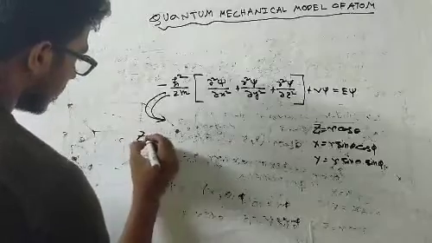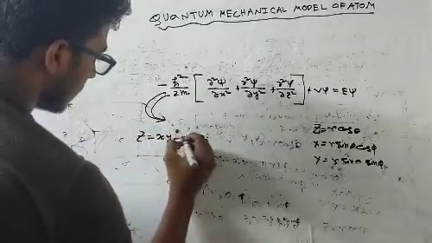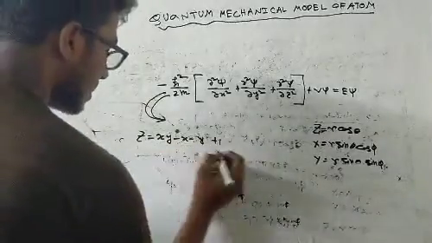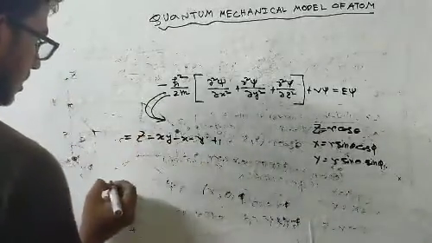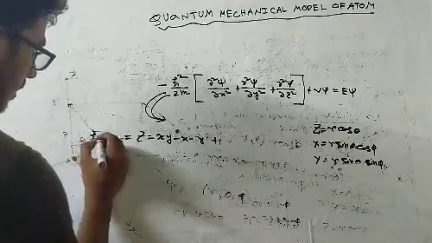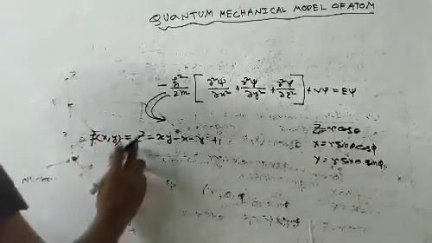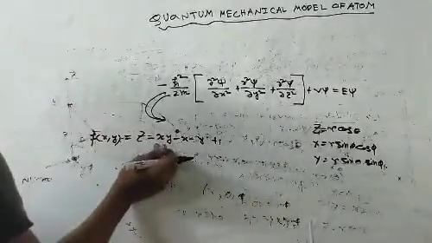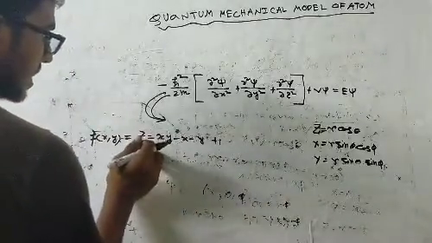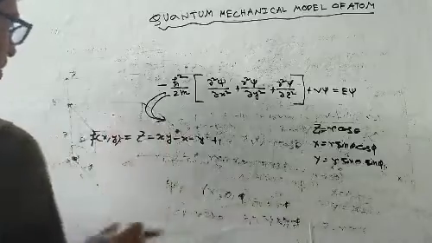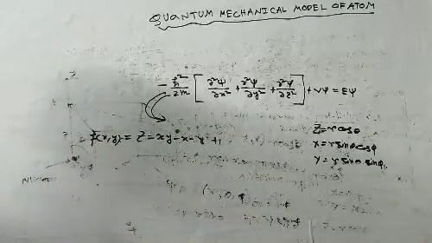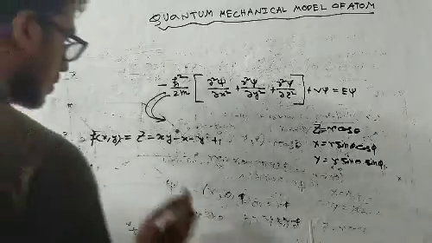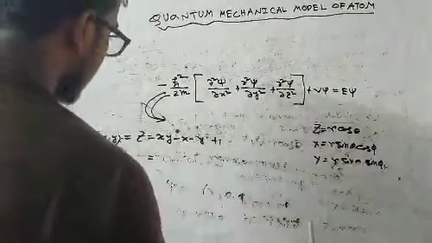If I tell you z equals xy minus x minus y plus 1, then from this equation I can write z equals f of x comma y, because from this expression it is clear that the value of z depends on x and y. Now let's rearrange this equation a little bit.